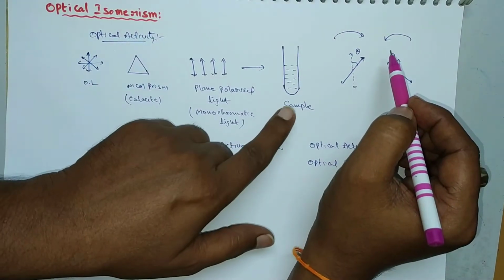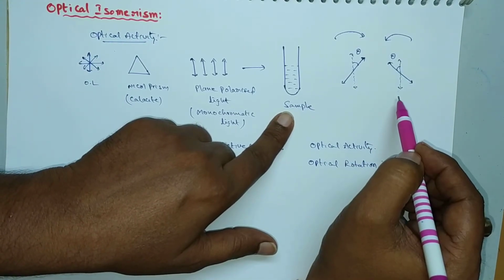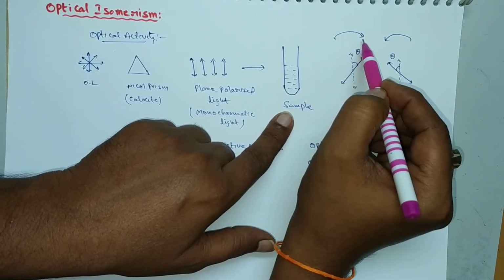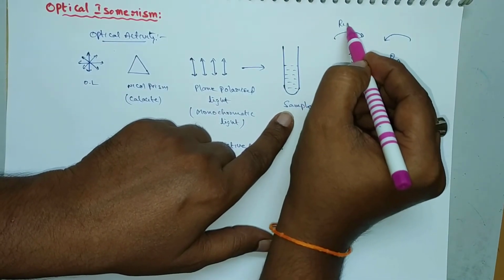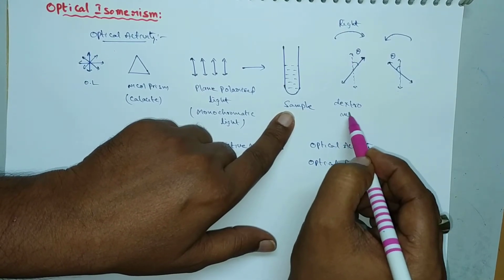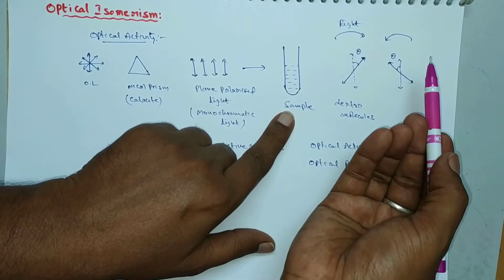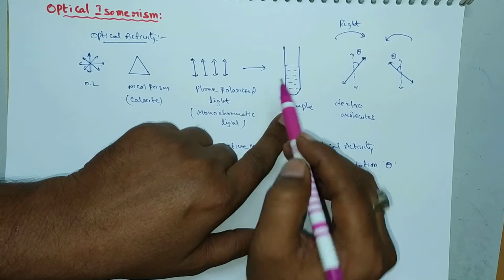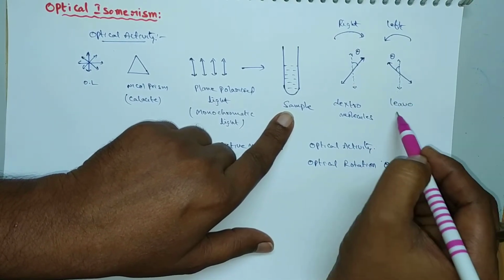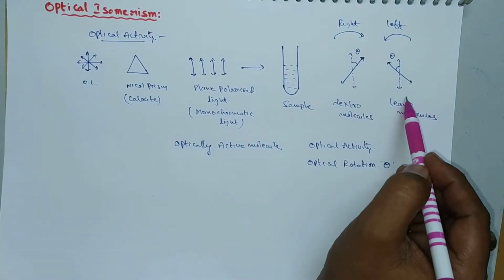Some molecules rotate the plane of polarized light in the clockwise direction, or towards the right, and these are called dextro molecules. Whereas molecules which rotate the plane of polarized light anti-clockwise, or towards the left, are called levo molecules.